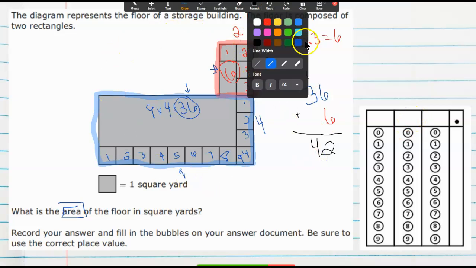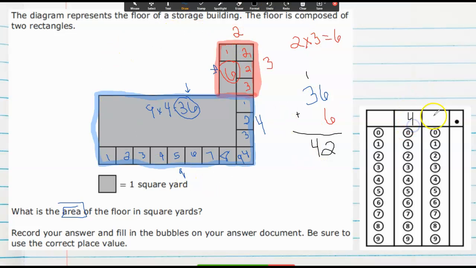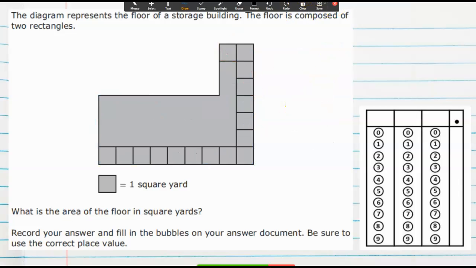So my total area for the whole thing is 42. Okay? 42. So when you have an odd L shape like this, you need to break it into two different parts.